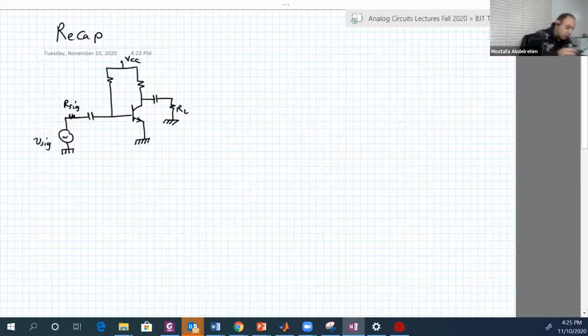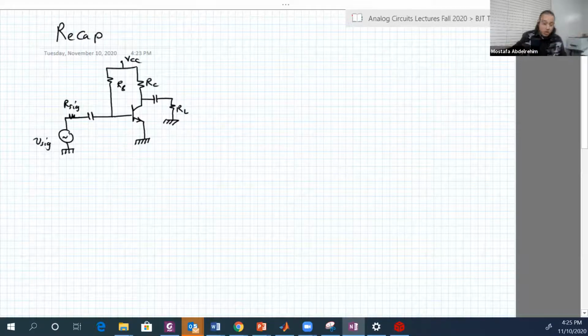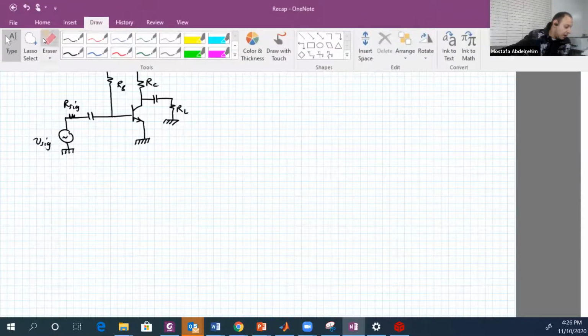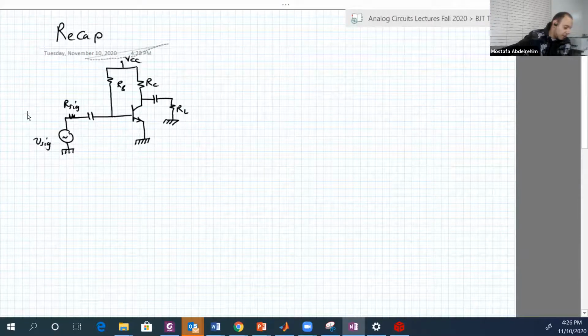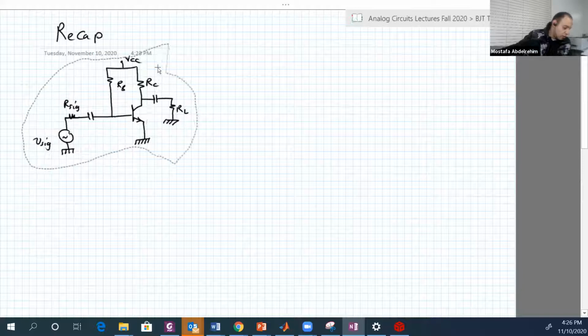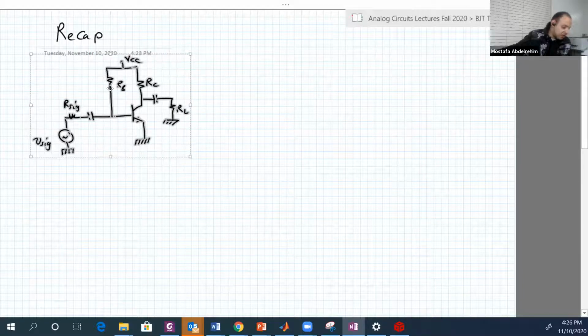And we take also another approach in which we put what's called degenerate resistance in the emitter.